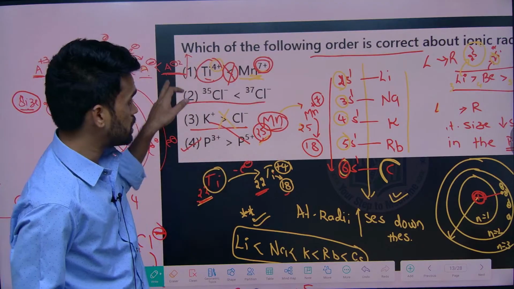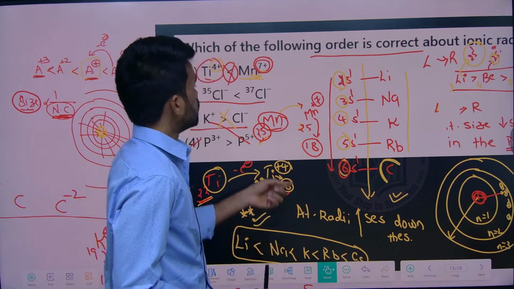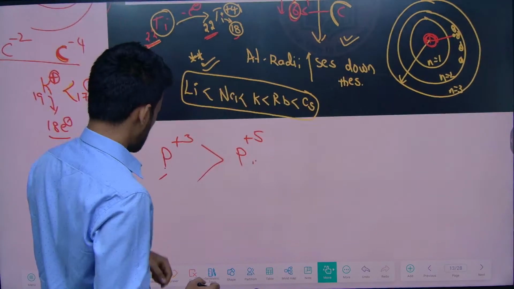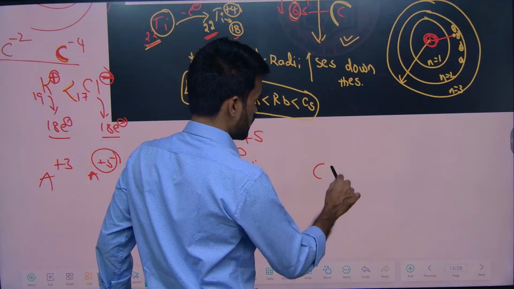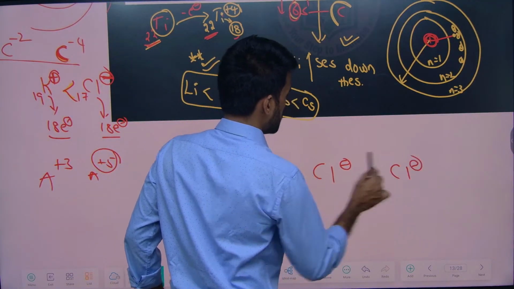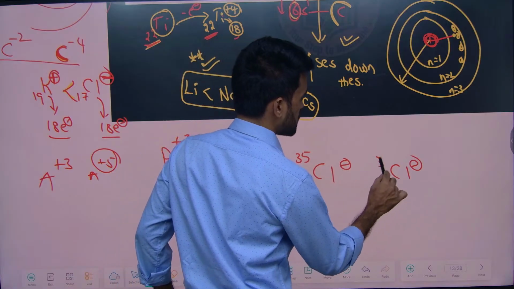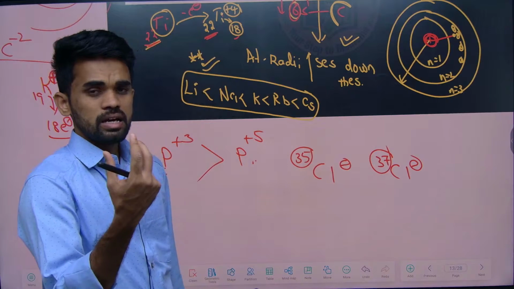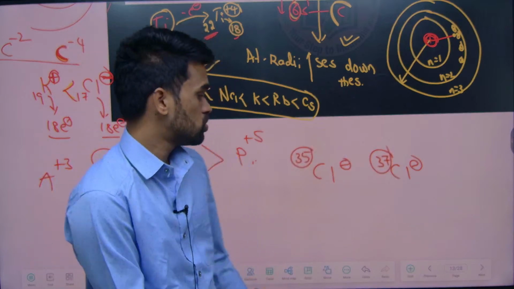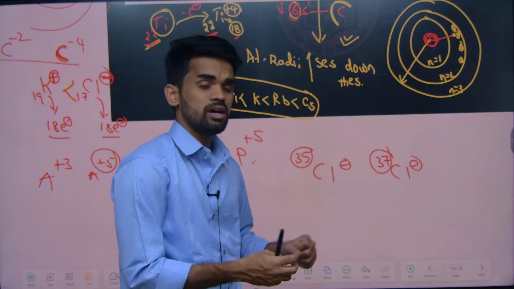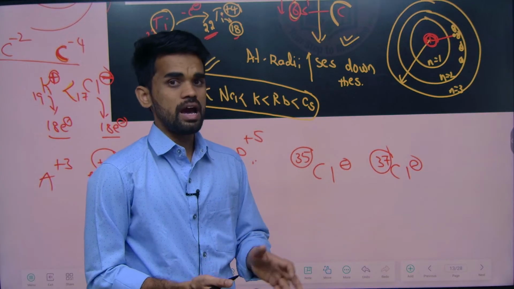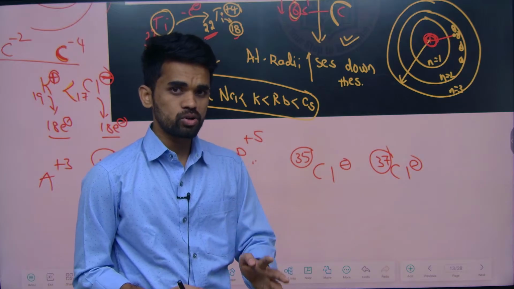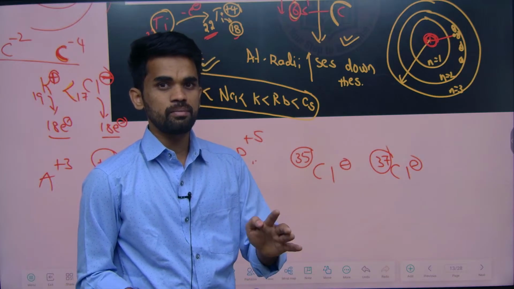You explained all remaining options, not 2. So the second option is also incorrect. Why incorrect? They have taken chlorine as chloride ions, but one is mentioned as 35 and the other as 37. What do these numbers indicate? Numbers indicate the mass number. So mass numbers differ here because these are called isotopes. Isotopes are species having the same number of protons and electrons but a different number of neutrons.